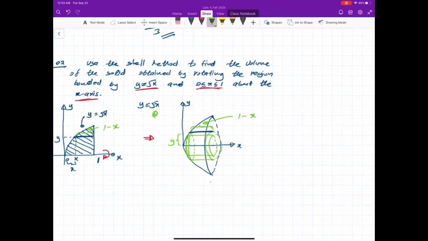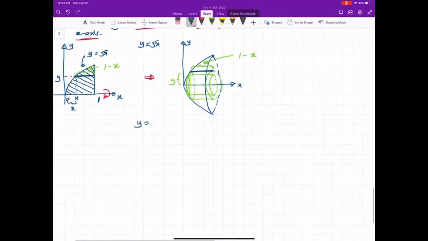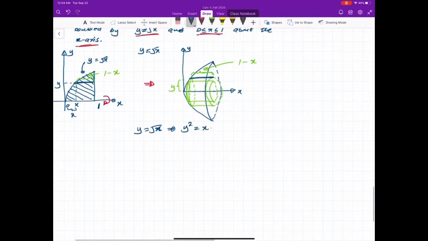If you solve that for x, you will get, let me write it here. What you have here is y equals square root of x. You can solve that for x. That means you just square both sides. So you get y squared equals x. All right, so you just plug that one over there.